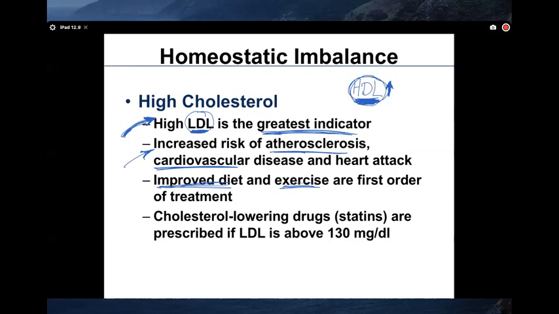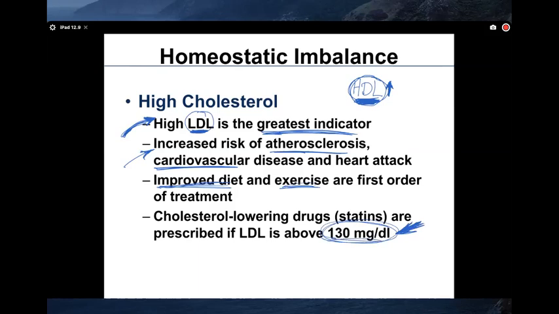But if the LDL, the low density lipoprotein, is above 130 milligrams per deciliter, this is a number where you don't want to wait and see if the diet improvement and the exercise solved the problem or not.